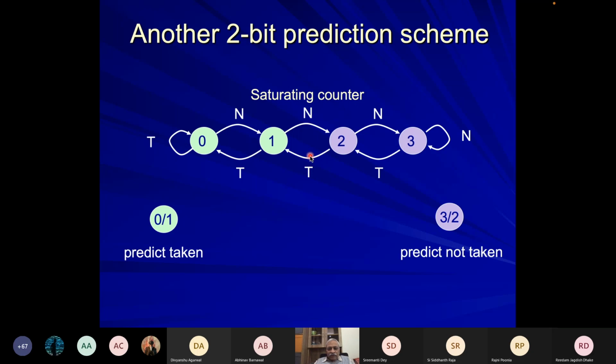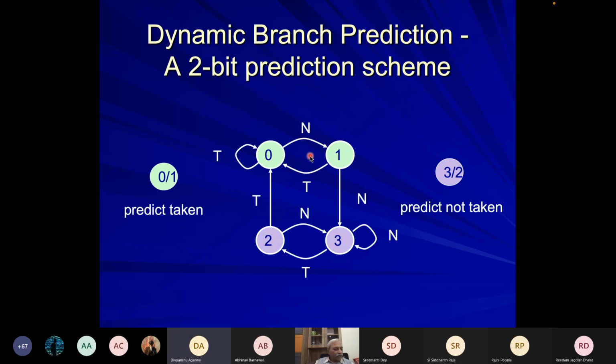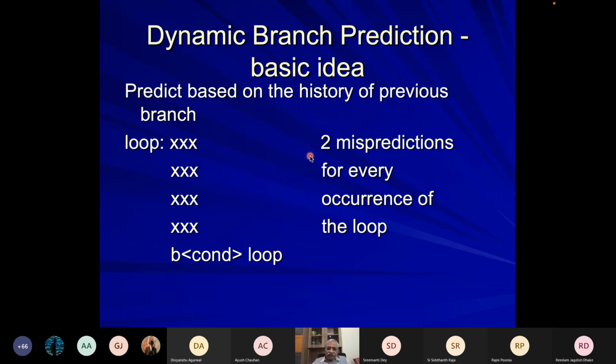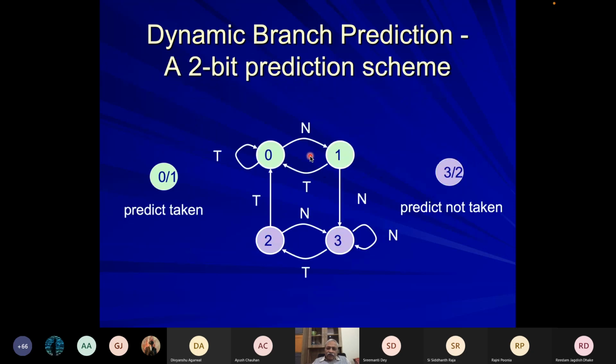Okay, any question on this? Sir, in the previous one, the FSM which you had shown. This one? Yeah. And the loop you had shown. So in our initial idea was that we won't branch, right? Okay.